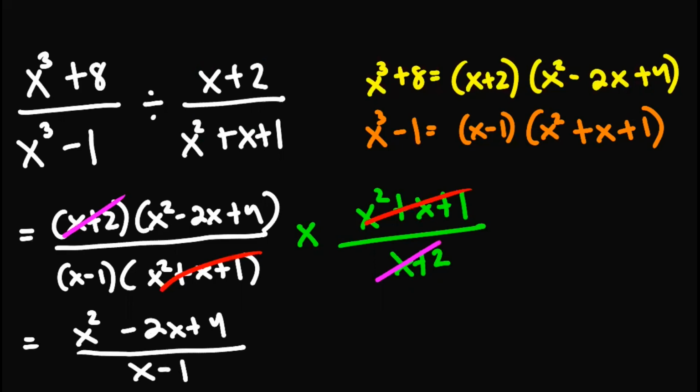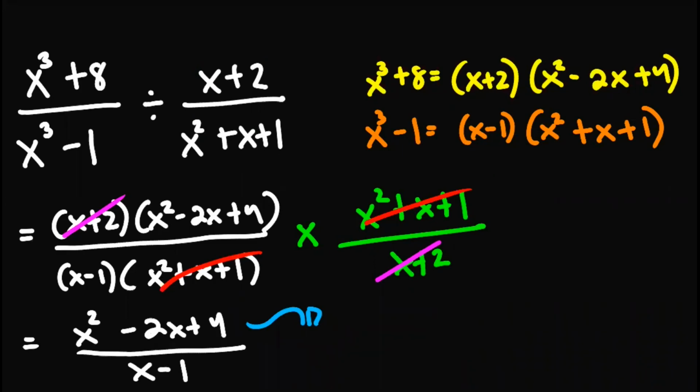Now, is this the final answer? Yes, this one is the final answer, since you can verify that this numerator, even though it's quadratic, is non-factorable anymore in terms of integers.